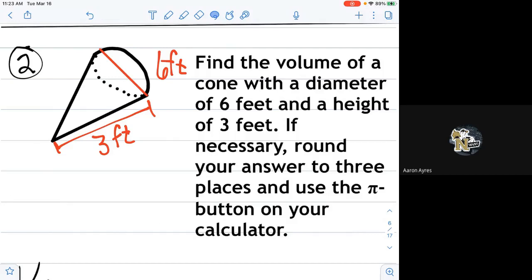Okay, so study the problem for a minute and give it a go. Okay, I'll talk with you about it here in a couple of minutes. All right, or like 1.5 minutes.